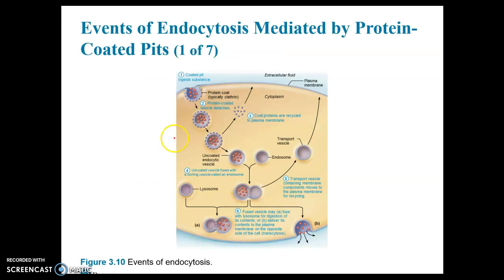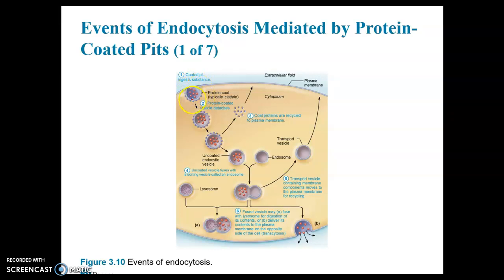All right, and this is a picture that shows how endocytosis works. In fact, this is actually showing receptor-mediated endocytosis because the vesicle that's forming is coated with a protein. A lot of times that protein is called clathrin. And so, all right, what's happening is the plasma membrane is forming an indentation.